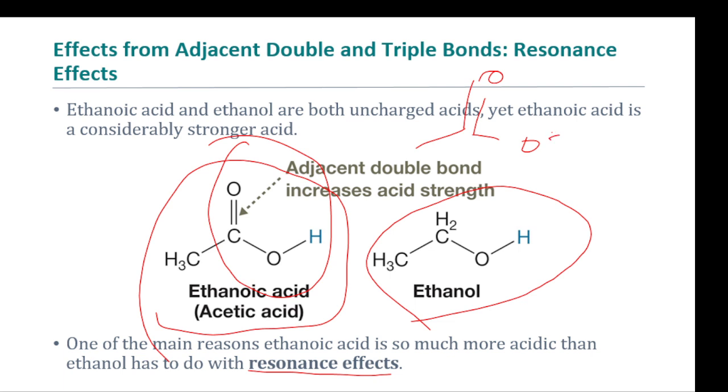There was a resonance structure, wasn't there? You can draw this with the double bond down here and up there. Now what happens when we have multiple resonance structures? That means that structure is more stable, isn't it? So we're providing even greater stability here, and that's why you get a pretty large increase.